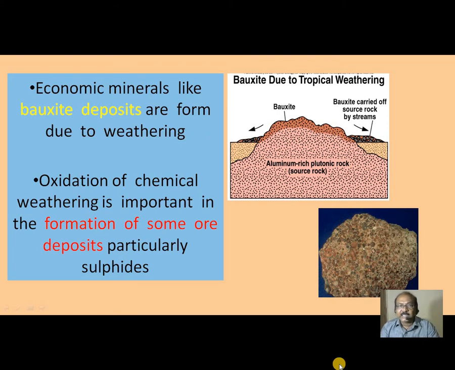Sometimes economic minerals like bauxite are formed due to weathering. So oxidation of chemical weathering is also important for the formation of some of the ore deposits, particularly sulfide deposits. In such a way, weathering is also important.